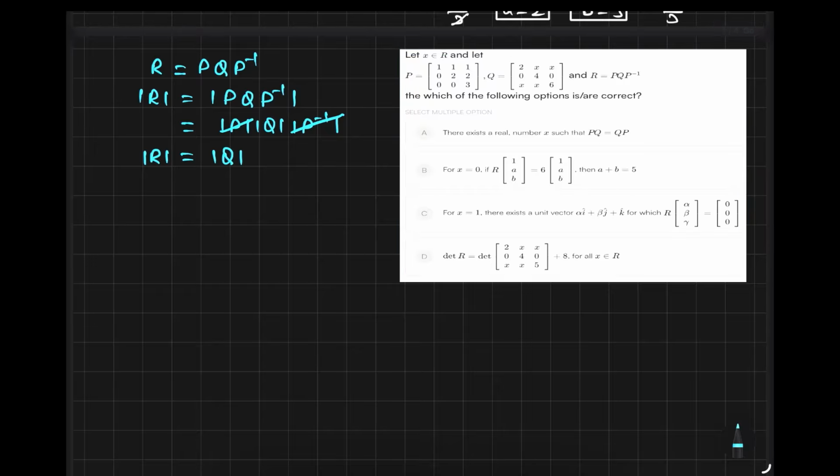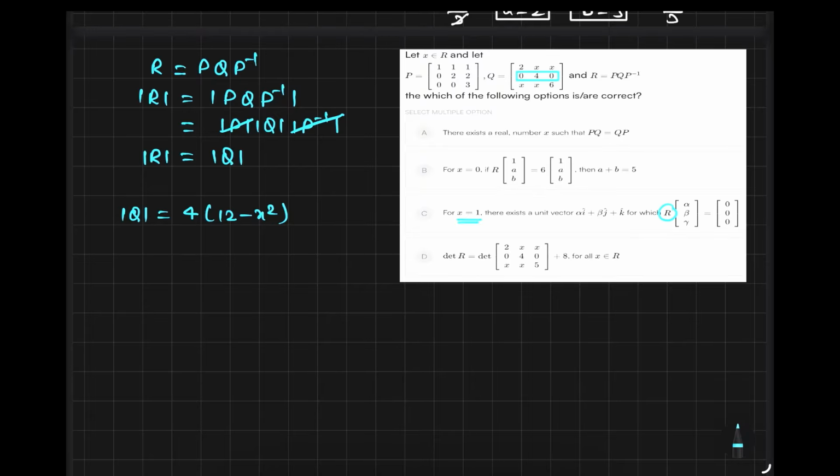Okay, so look at this Q. So I will find out determinant of Q along this row. So plus minus, so it is 4 times 12 minus x square. Correct? Now look at this. They are saying that x equals to 1. So if x equals to 1, it is 11. 4 times 11 equals to 44.